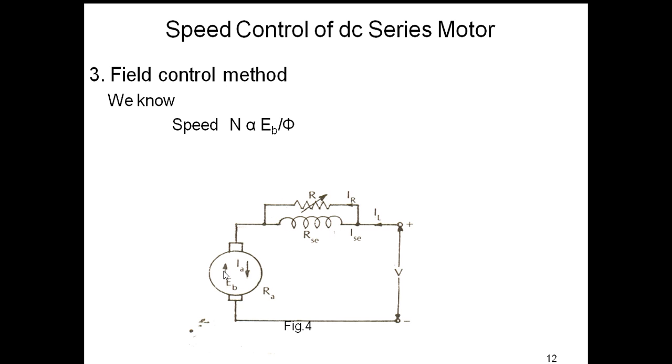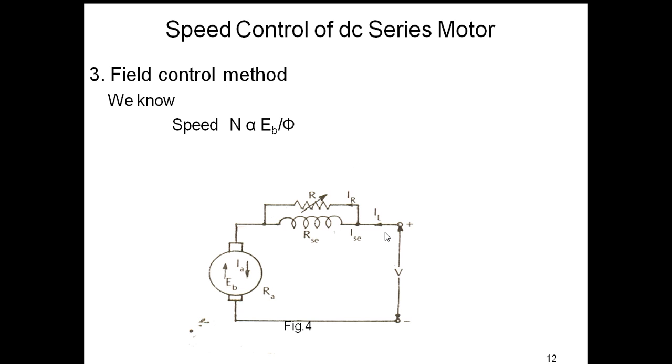And here EB is the back EMF and IA is the armature current and RA is the armature resistance and RSE is the series field winding resistance and ISC is the current flowing through this series field winding and IR is the current flowing in the rheostat.